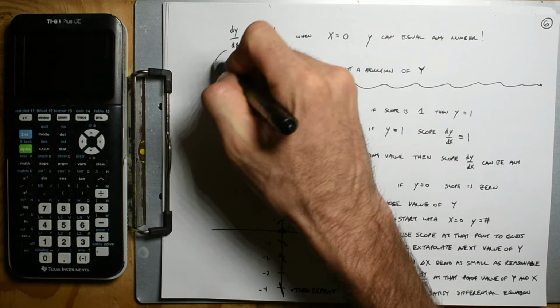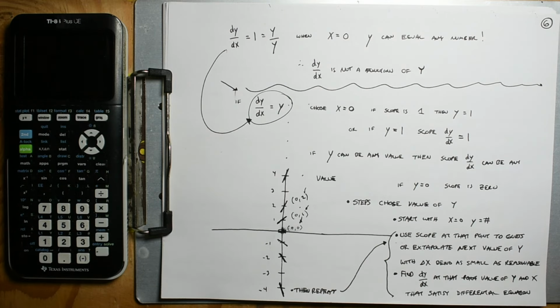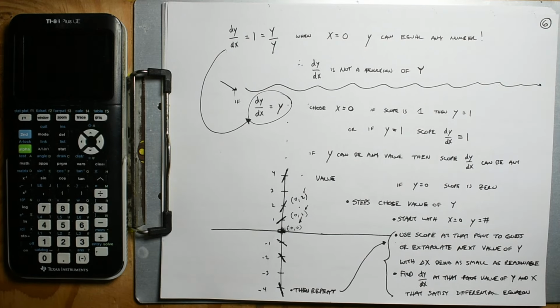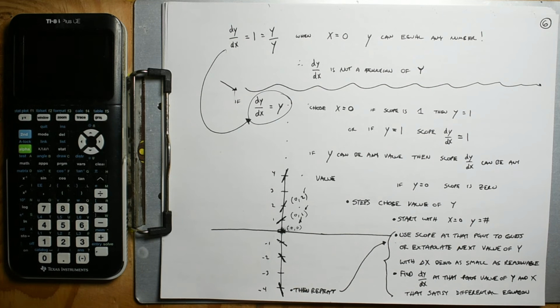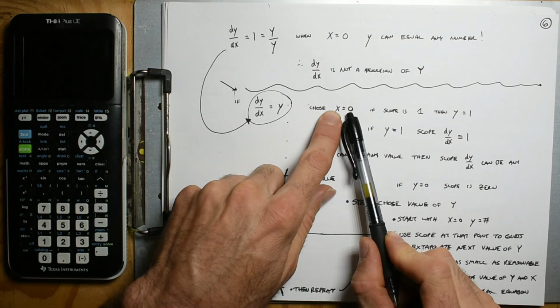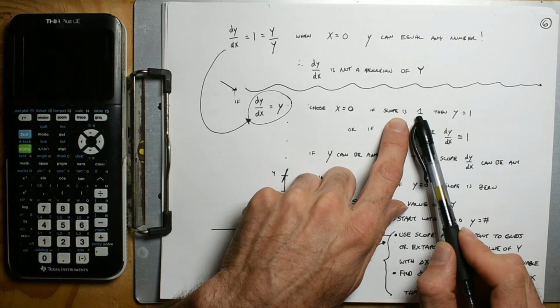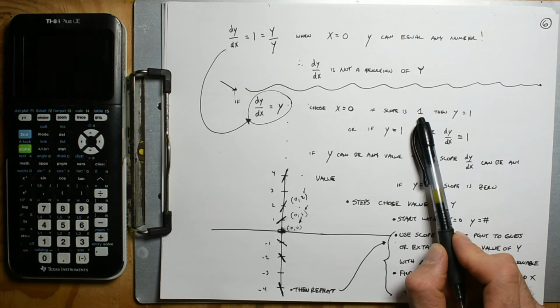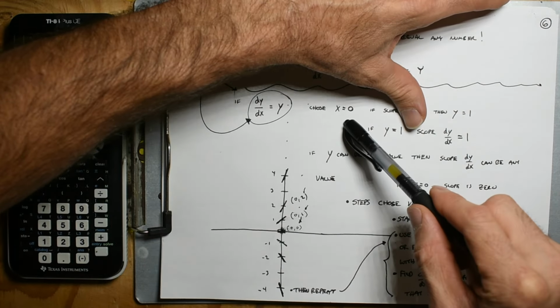But I probably made a hiccup thinking that this was the problem that we're solving. Alright, but let's walk through here because I do set up the steps to do this in Excel. So I'm going to choose x is equal to 0. If the slope is 1, I said then y is 1. I think I would do that in the other way.